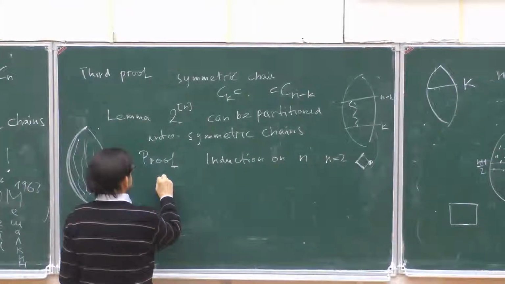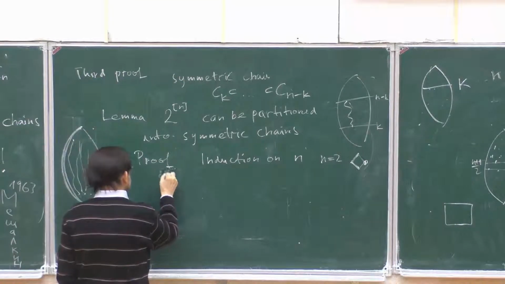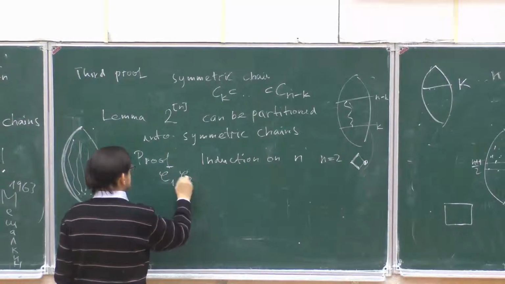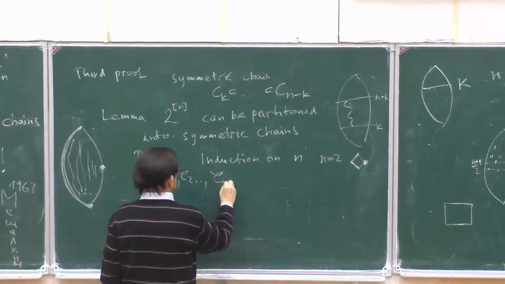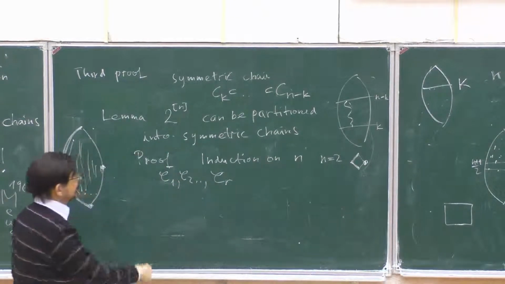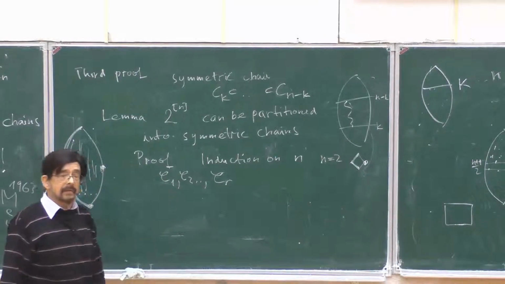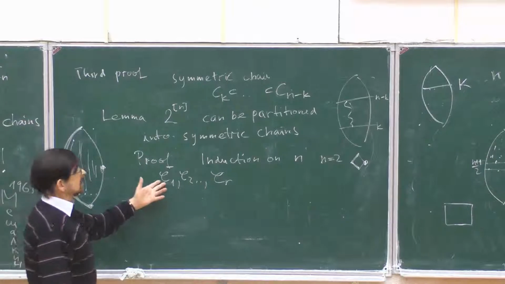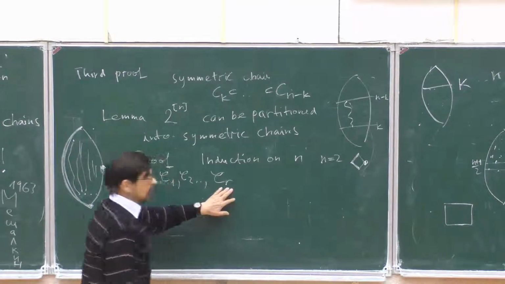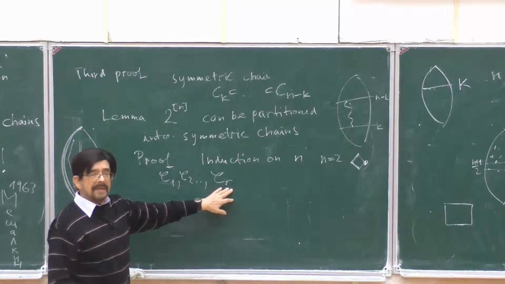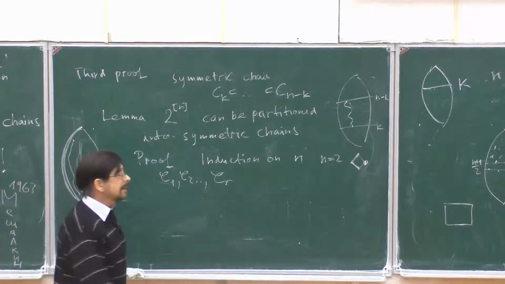Now suppose that C1, C2, and so on, I prefer to use script letters for families, so these are also families. We can determine this R, the number of chains, but it's not important at the moment.